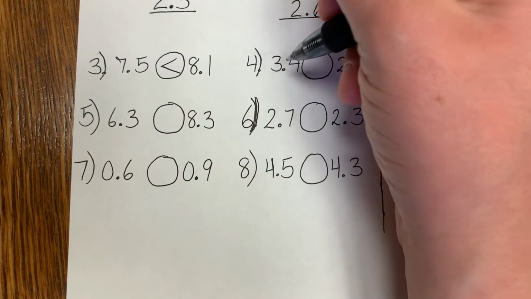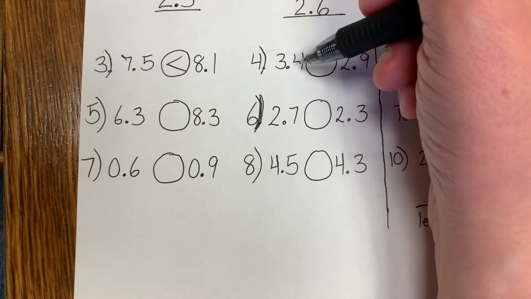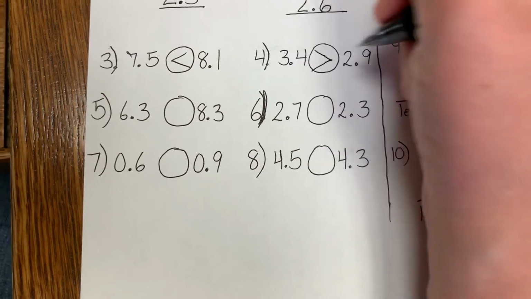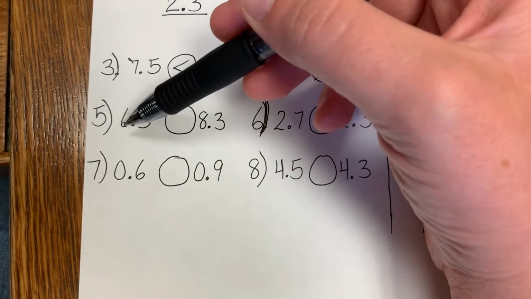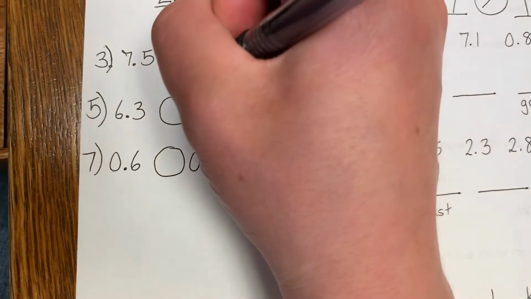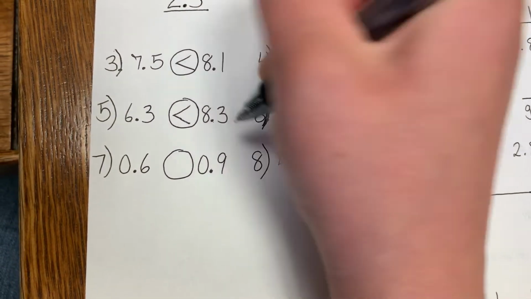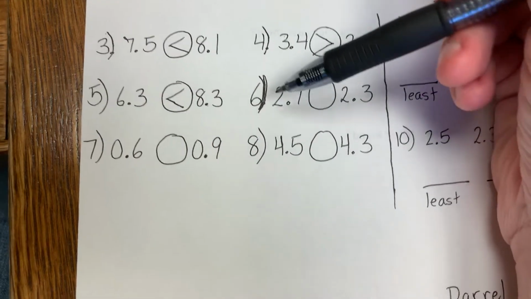Number 4, once again, look at the whole numbers first. 3.4 is greater than 2.9. Number 5, 6.3 would be less than 8.3 because I'm looking at the whole numbers in the ones place.